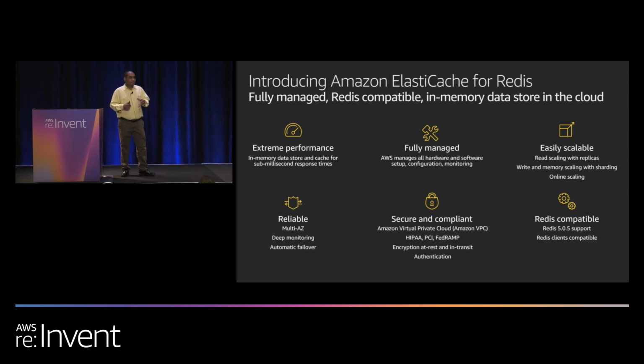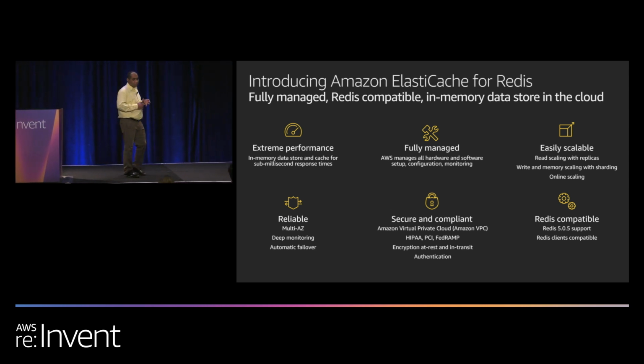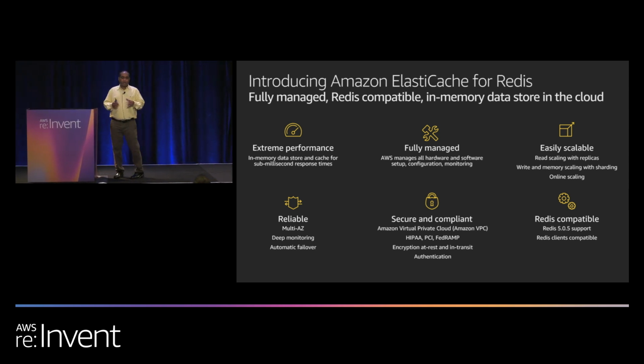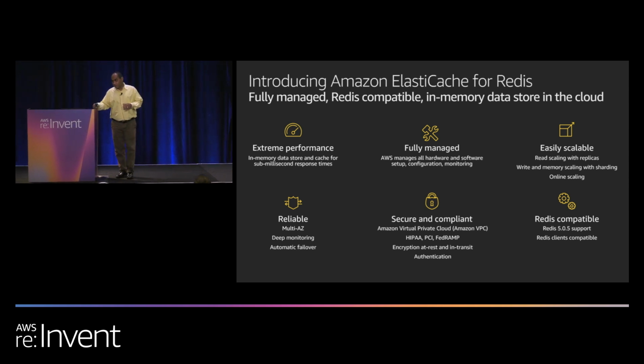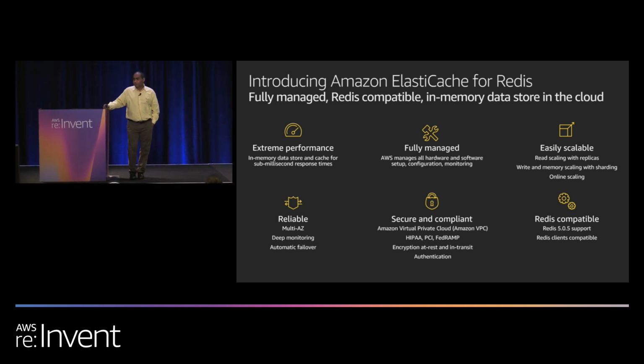And on ElastiCache, you can achieve 150% incremental throughput compared to your open source Redis. On a single node, on our biggest R5 nodes, you can get up to 425,000, almost 500,000 transactions per second.